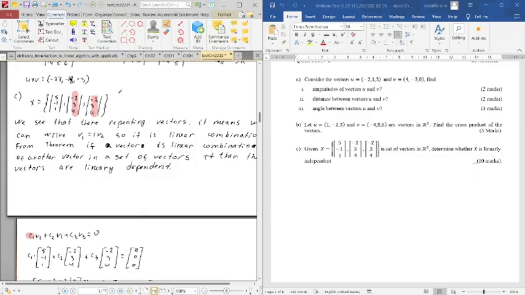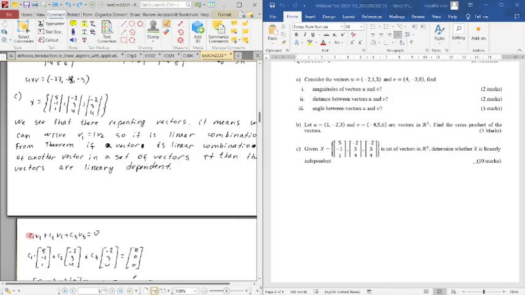Let's say we have another vector equal to negative 4, 6 and 8. You can see it's like twice the first vector, so it means the vectors are already dependent. Here we see that they are repeating vectors.